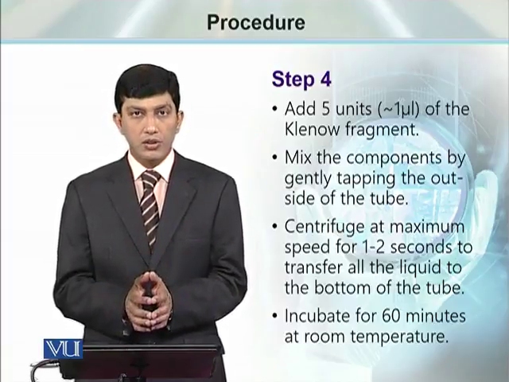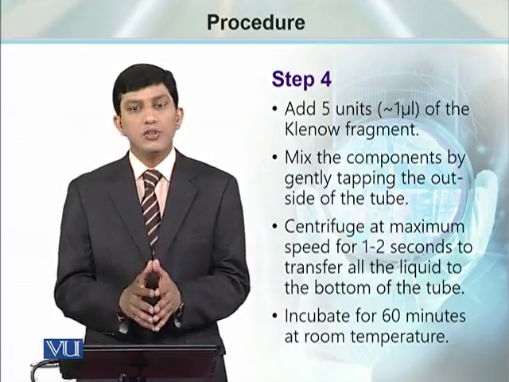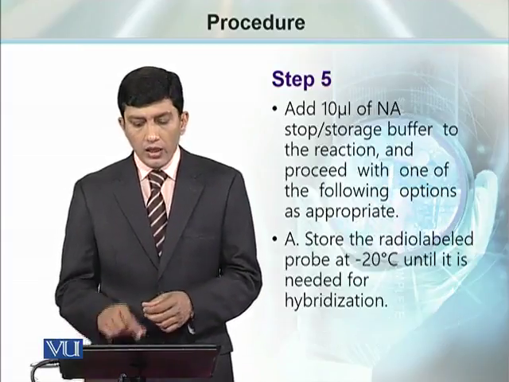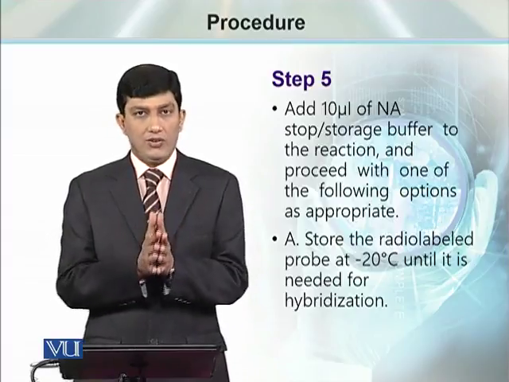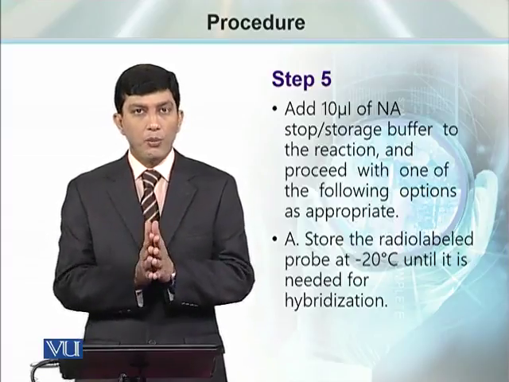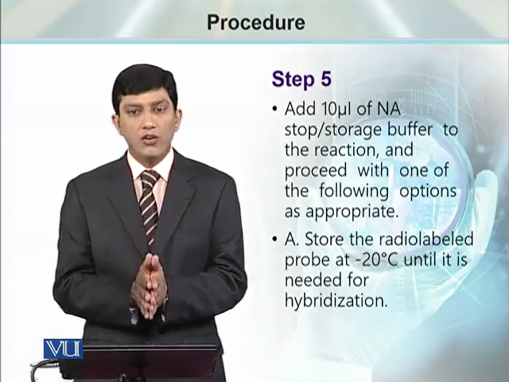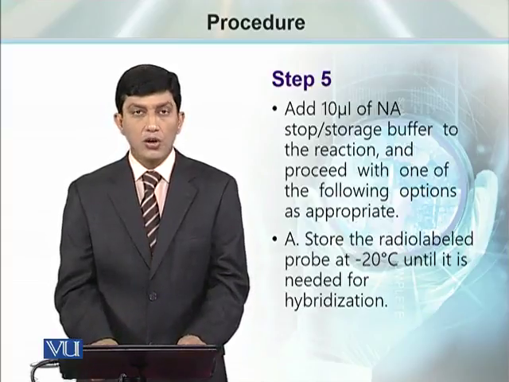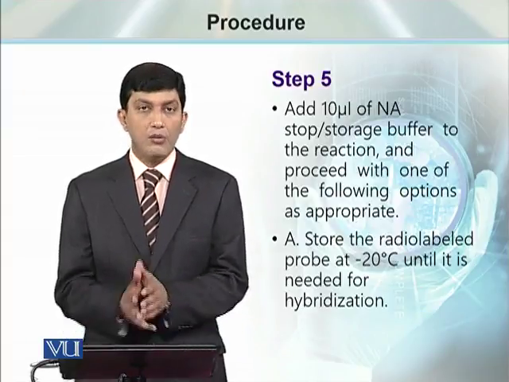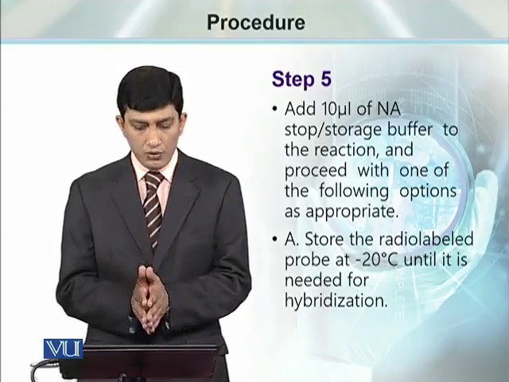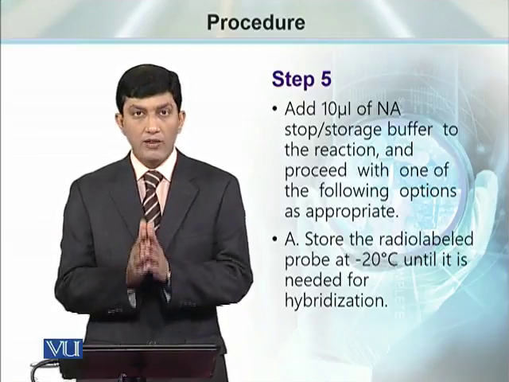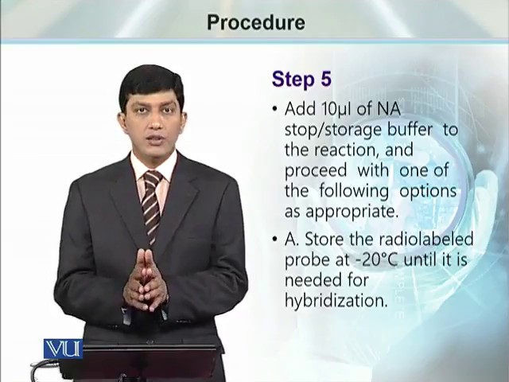at room temperature. Once this incubation time is over, next we have to stop the reaction, and for stopping the random prime reaction we use the stop or storage buffer. 10 microliter is added in the same tube, and then we have two choices to proceed further.